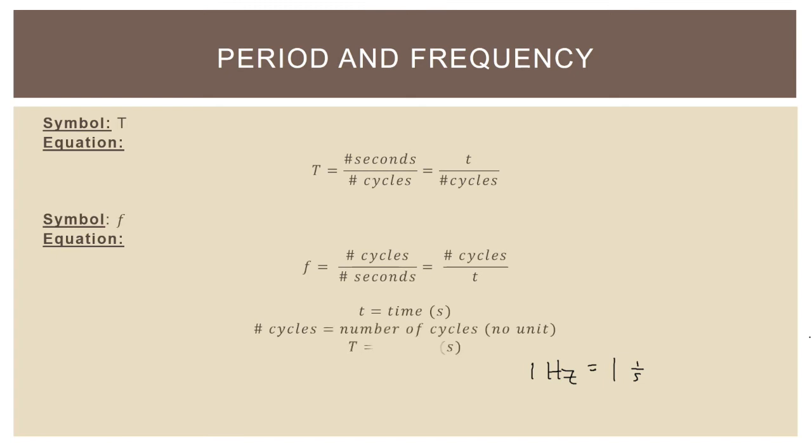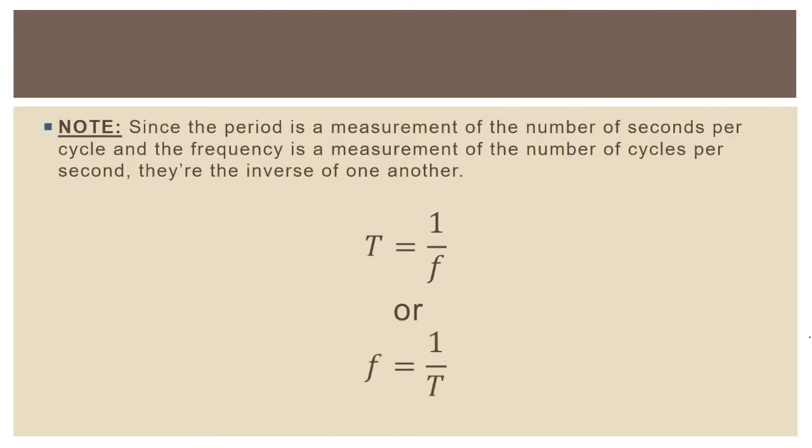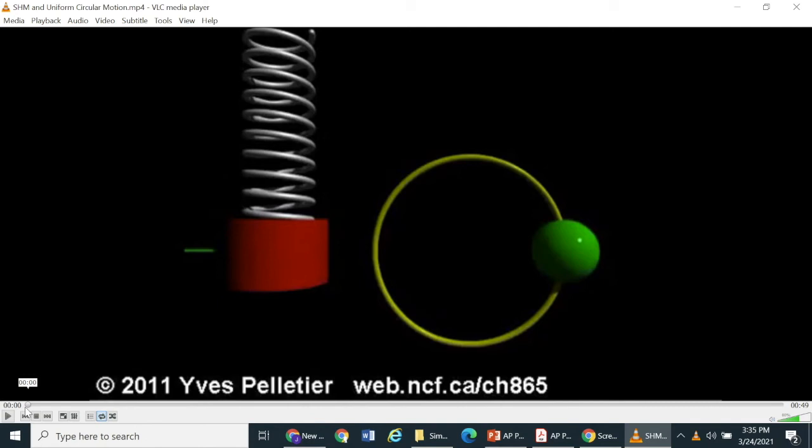motion of these objects. And so what we do is we recognize that we've actually already seen something pretty similar to simple harmonic motion in terms of an object moving back and forth. And the thing we've seen that's very similar to simple harmonic motion is uniform circular motion. And so here's a video I've had saved on my computer for years.